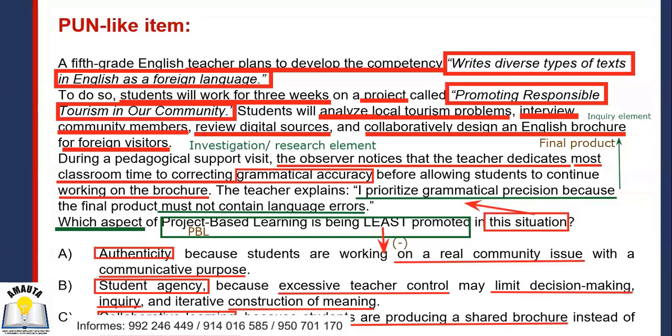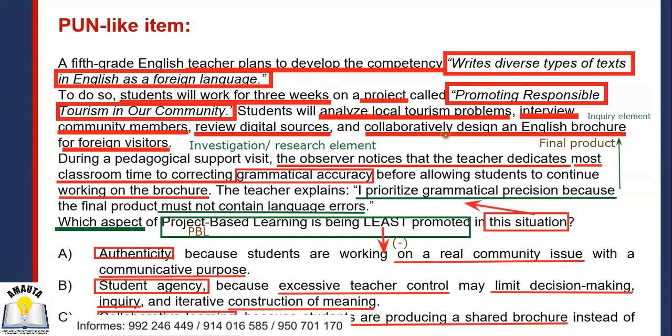Does it make sense for you, my dear teachers? But when they design the brochure at the end, because this is the final product in the project, they will work collaboratively.